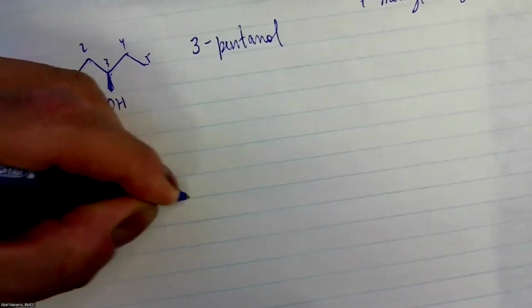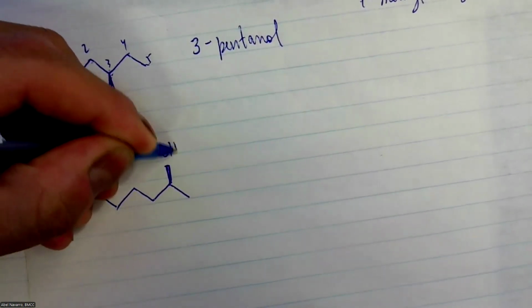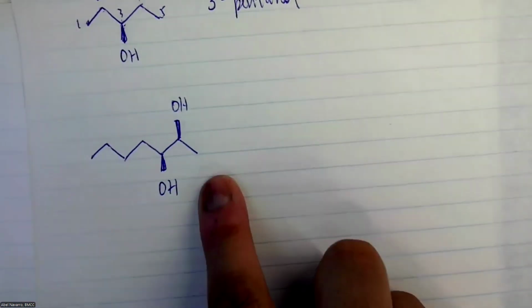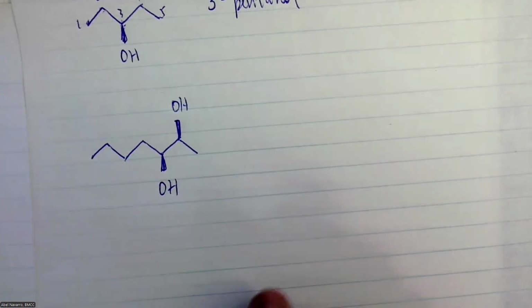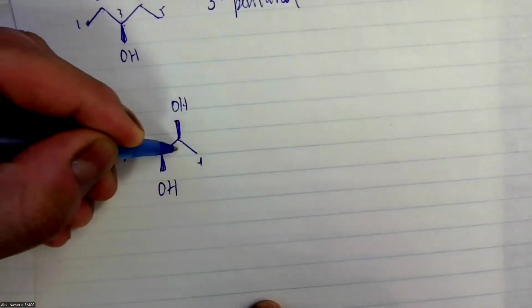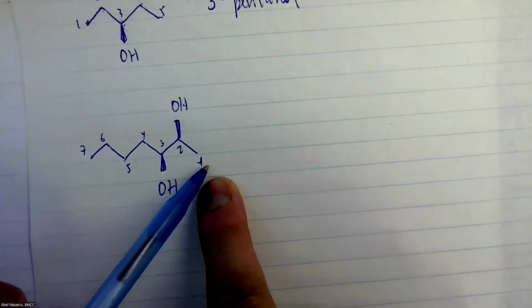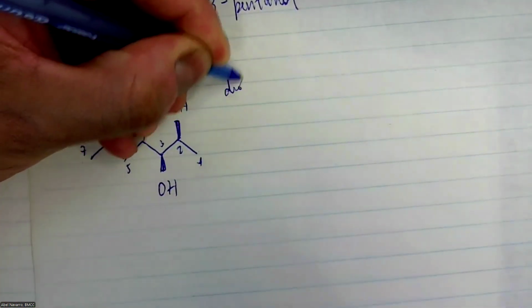Another one, something simple like this. We're really not going to do that much in terms of naming. So what if I have two alcohols? You start numbering the longest continuous chain again. It will be either right or left. In my case, I will give priority to the right, because it's closer to the substituent. In this case, it will be a diol because it's two alcohols.